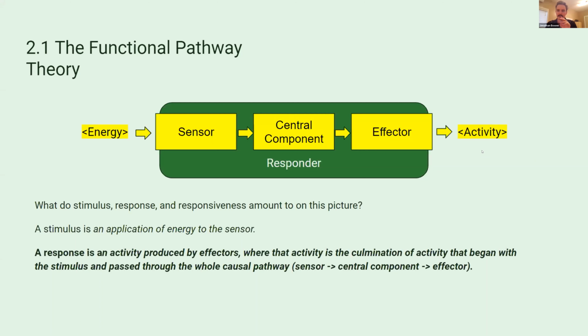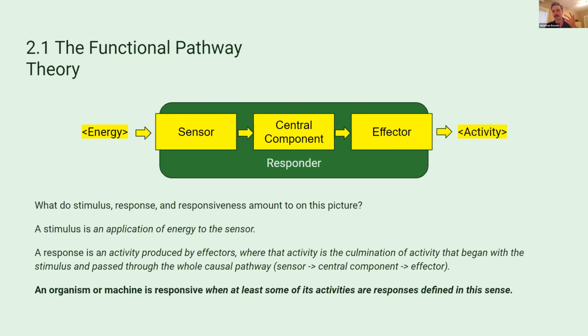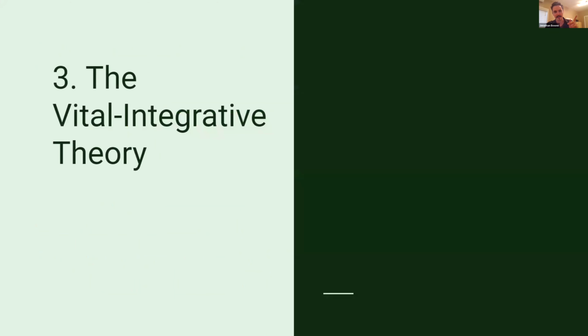A response is an activity produced by the effectors, where that activity is the culmination of activity that began with a stimulus. So it has to pass through the whole causal pathway to count as a response. Finally, an organism or a machine is responsive when at least some of its activities are responses defined in that sense.